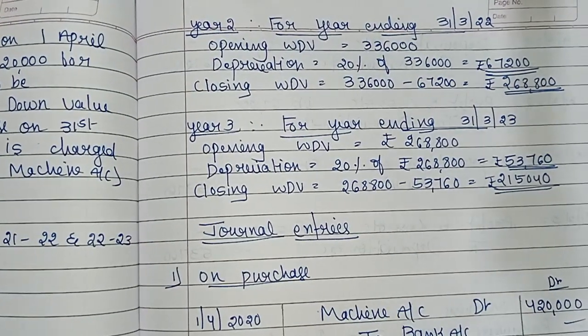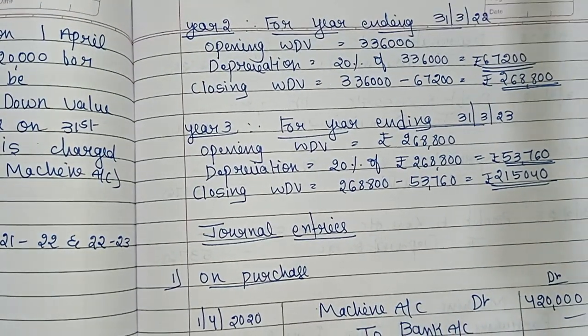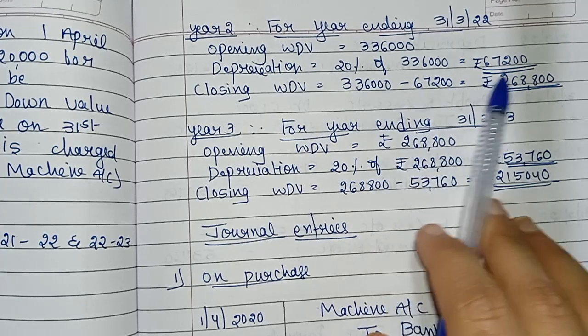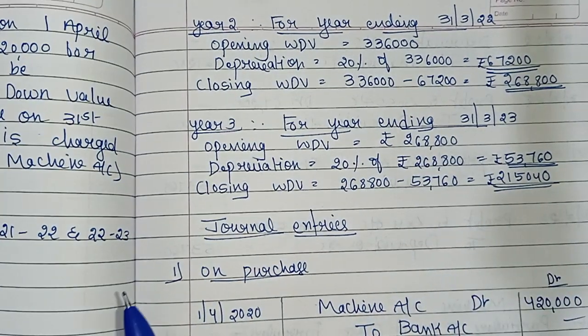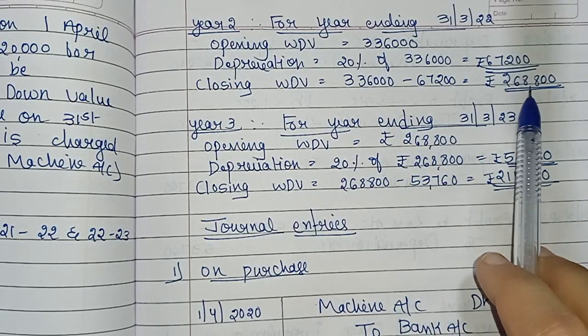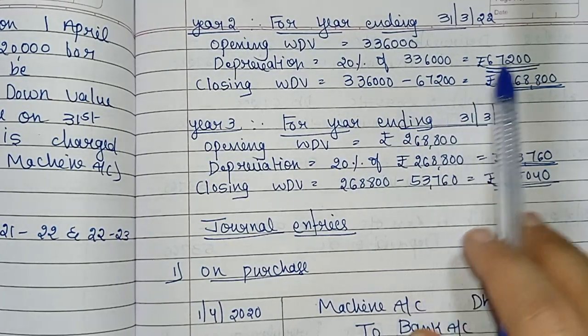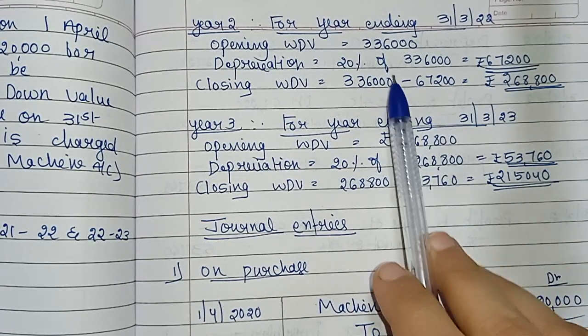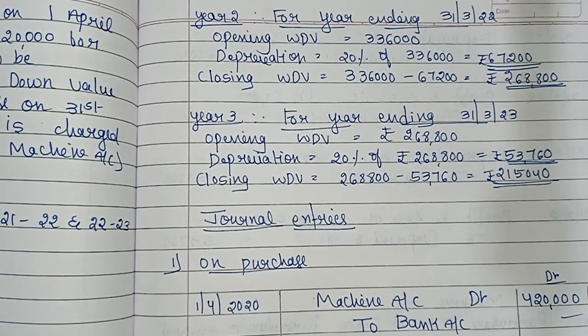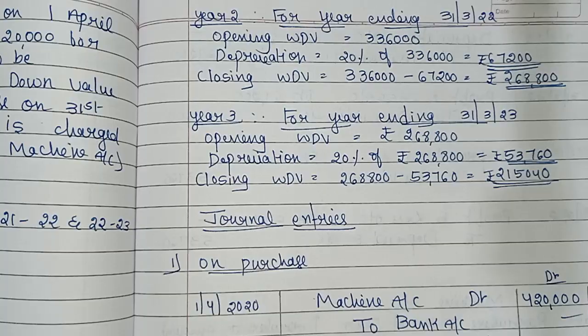Depreciation is 20% of 3 lakh 36,000, that is rupees 67,200. Now closing written down value for the second year is 3 lakh 36,000 minus 67,200, that is opening written down value minus depreciation, equals rupees 2 lakh 68,800.